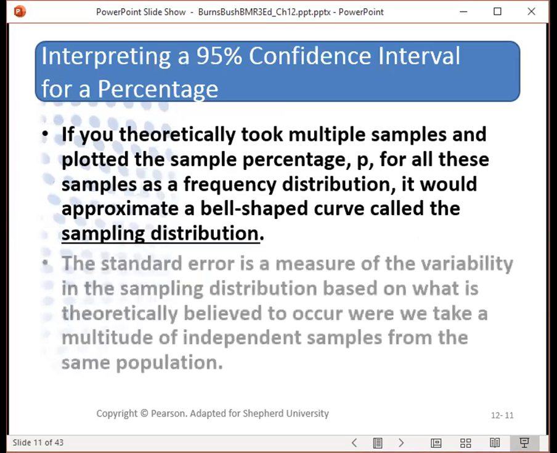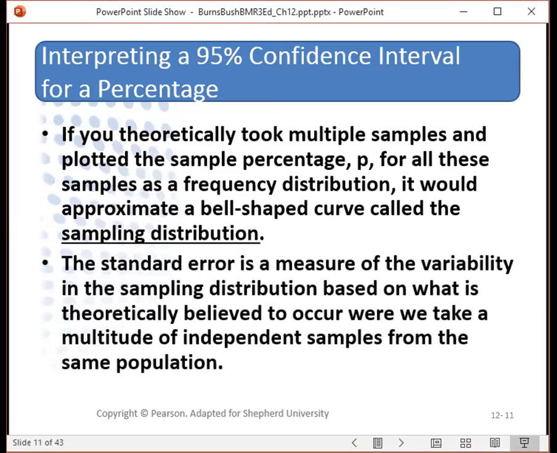To interpret this, if we take multiple samples, in this particular case, we had 100 people. Let's say we just kept doing samples of 100 people over and over and over again. We would get a sample percentage that would vary. Sometimes it would be 33%, sometimes 35%, and so on.